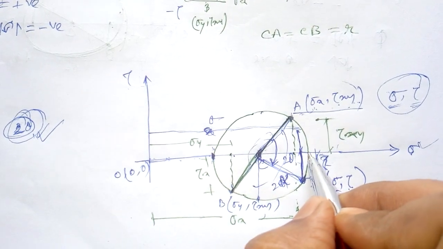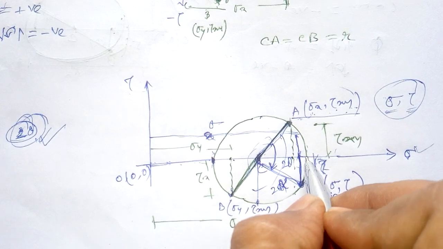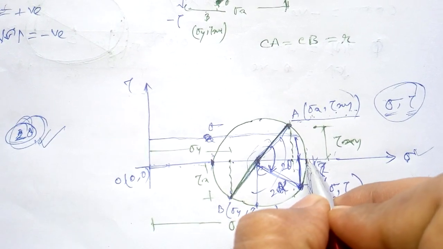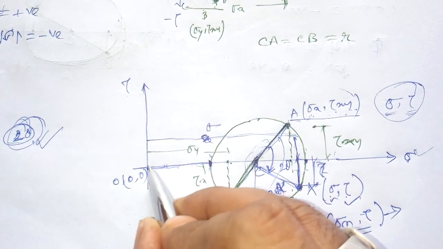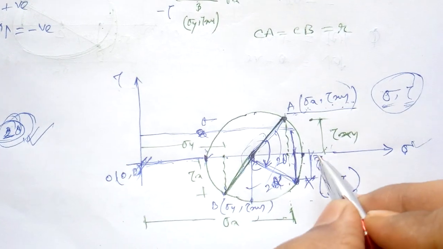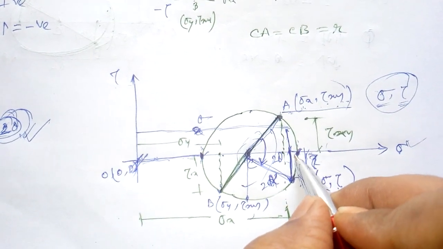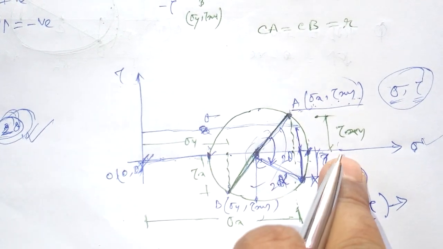In this case also the tau value is equal to 0. So those 2 points are nothing but the principal stresses, right? So this is nothing but the minor principal stress from here to here, and from here to here this is the major principal stress. So we can find out the minor and major principal stresses.